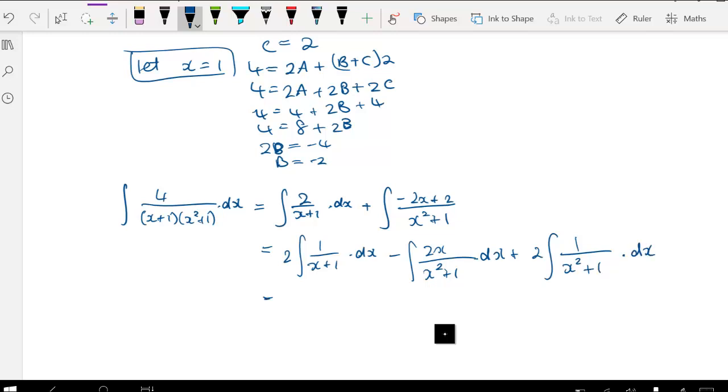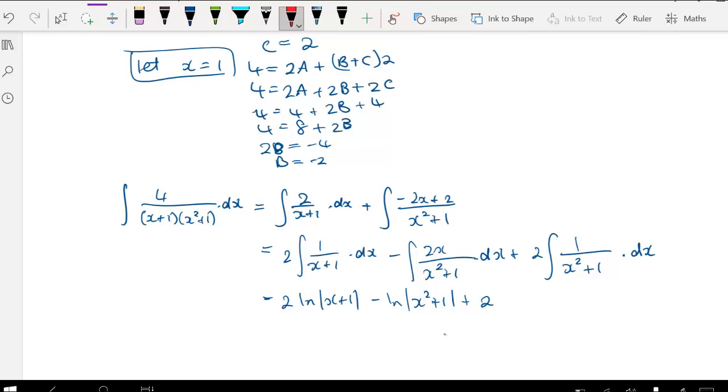So the first one is nice and simple. We've got 2 ln x plus 1. As 2x is the derivative of x squared plus 1, we've got negative ln x squared plus 1. And then we've got 2 lots of, hopefully you can recognize this one as an arctan.